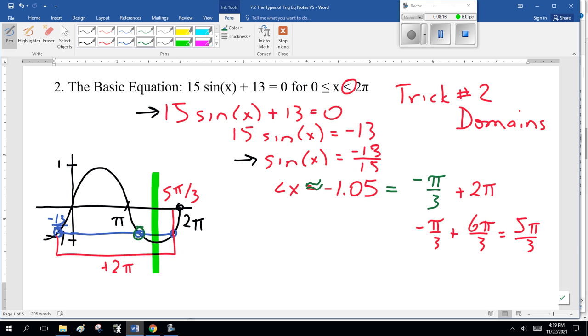Now, what's halfway between pi and 2 pi? 3 pi over 2. So this answer here is 2 pi minus pi over 3. Going backwards, this answer will be pi plus pi over 3, or 4 pi over 3, will be our second answer, or should be.